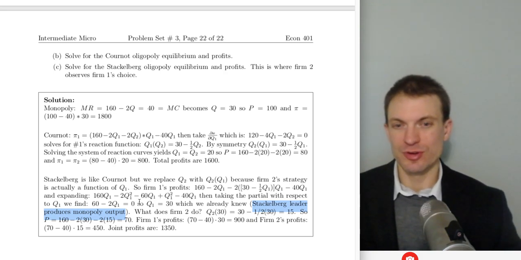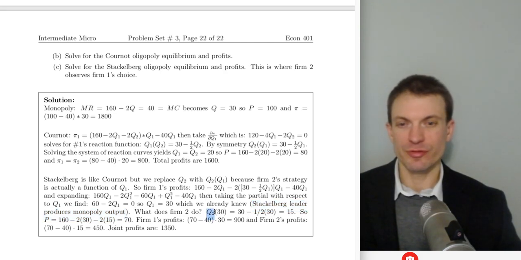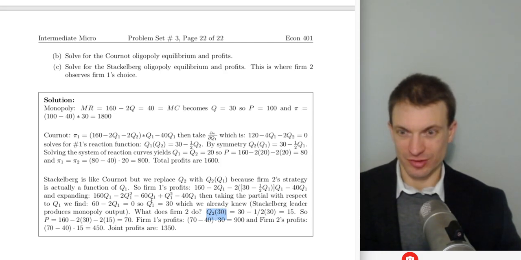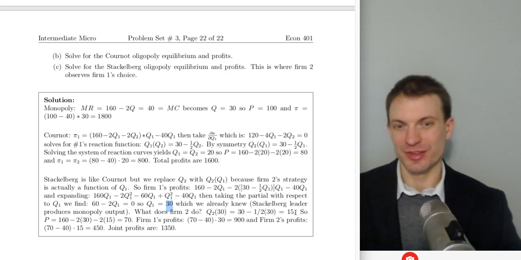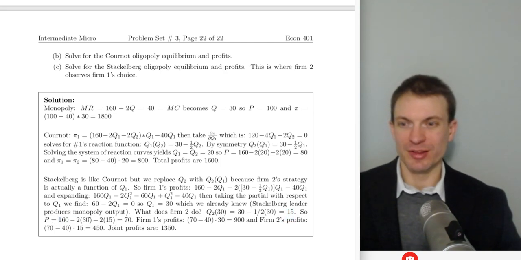What does firm 2 do? Firm 2 is going to see this output of 30. We'll put this into the reaction curve. 30 minus 1/2 of 30, oh, that's 15. So the price is going to be 160 minus 60 minus 30, which is 160 minus 90, which is 70.